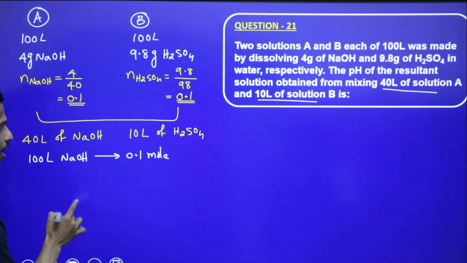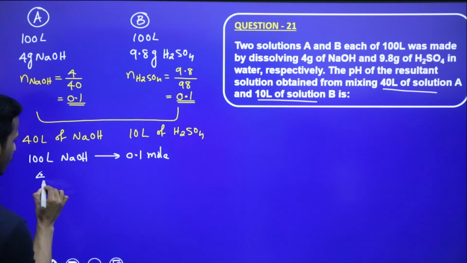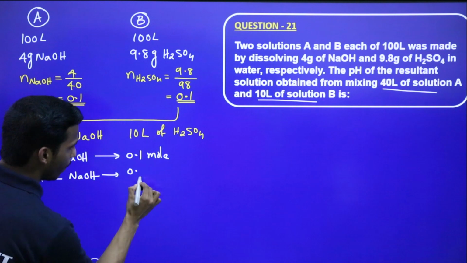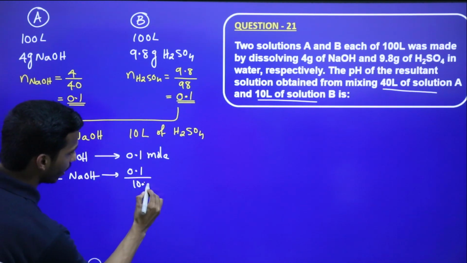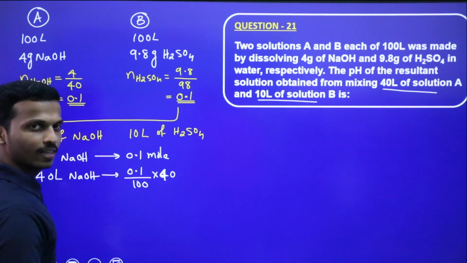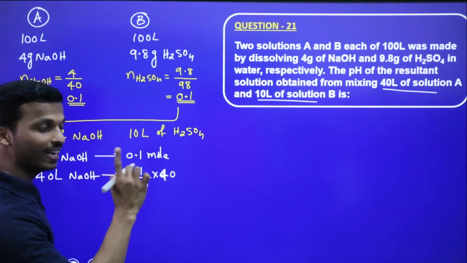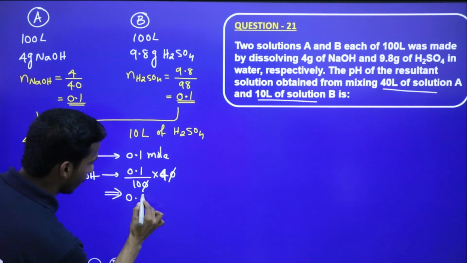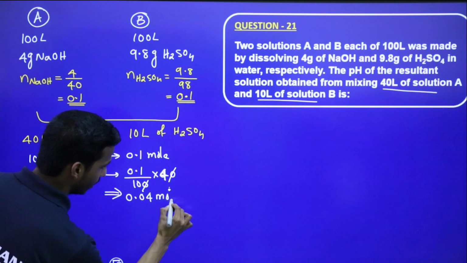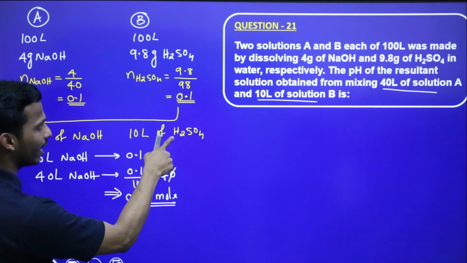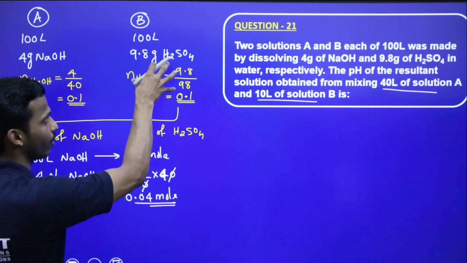Similarly, what will be the number of moles in 40 liter? So 40 liter NaOH contains 0.1 by 100 into 40, right? That will be the number of moles in 40 liter NaOH. So it will be 0.4 by 10, equal to 0.04 mole. What about sulfuric acid? See, 10 liter H2SO4 that we are taking from this one.